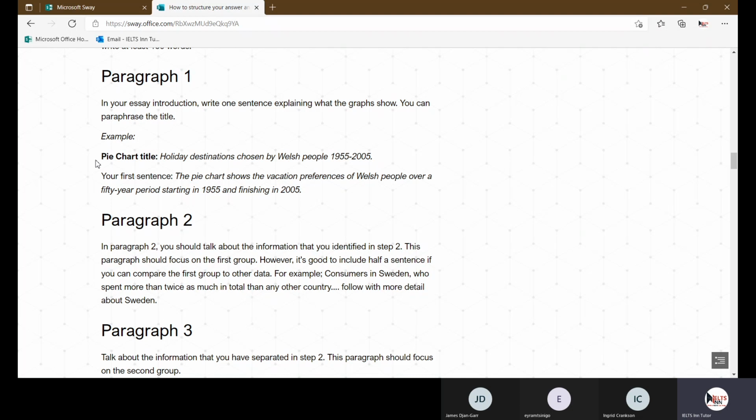An example is a pie chart whose title is holiday destinations chosen by Welsh people between 1955 and 2005. Your first sentence will be: the pie chart shows the vacation preference of Welsh people over a 50-year period starting in 1955 and finishing in 2005.